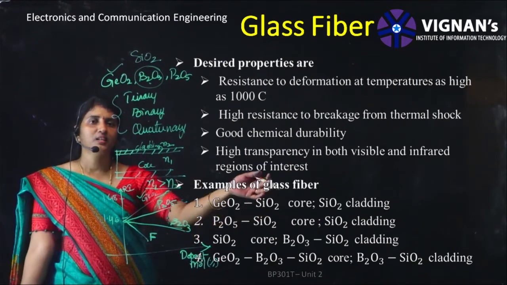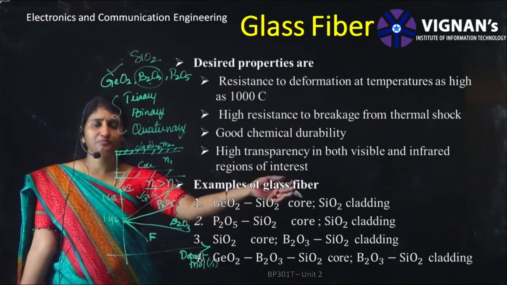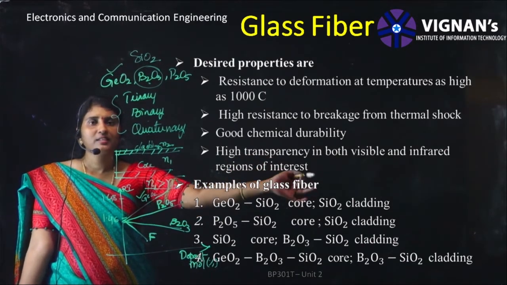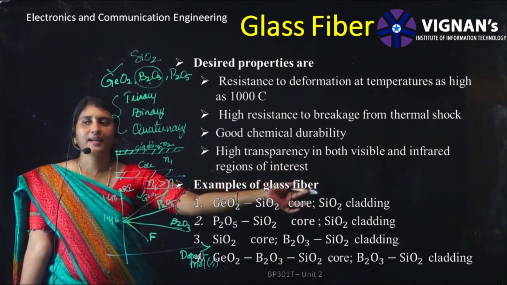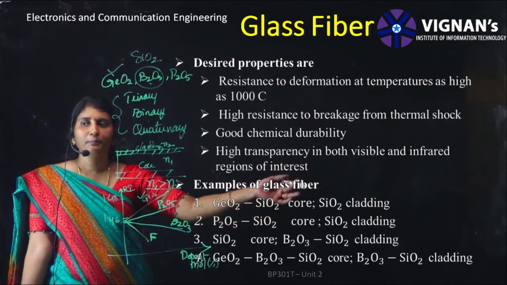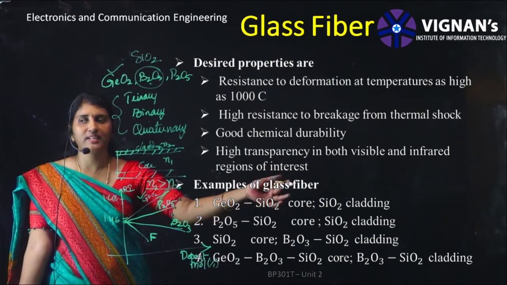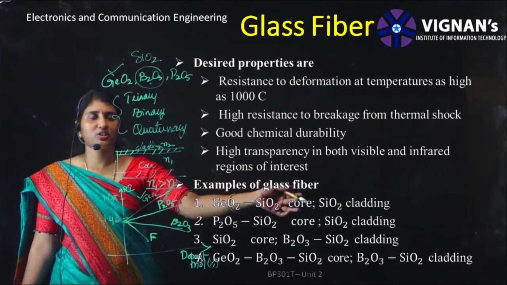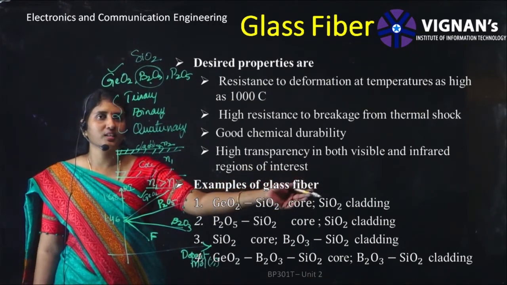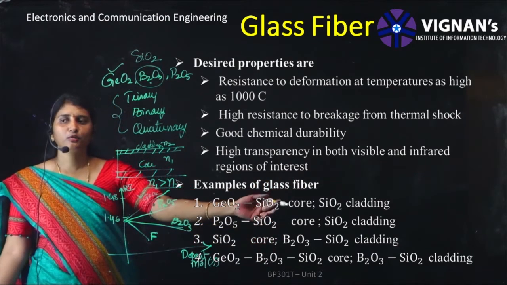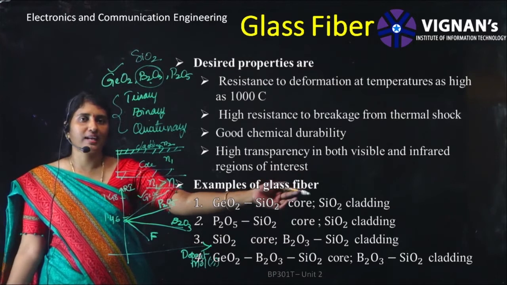Here you can see GeO2 SiO2 is the combination for core, and single SiO2 is used for cladding, and then P2O5 SiO2. P2O5 will be adding some refractive index to SiO2 in the core section, and SiO2 alone is used in the cladding. And next, B2O3 and SiO2 are used for the cladding section.